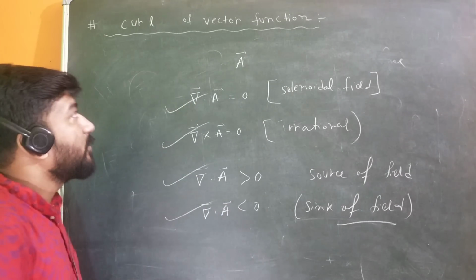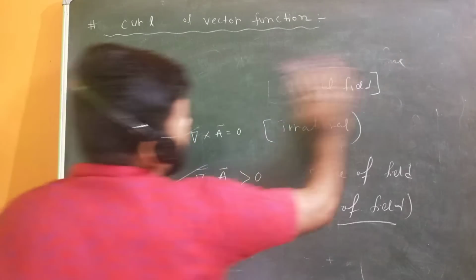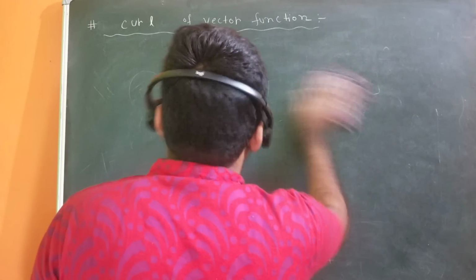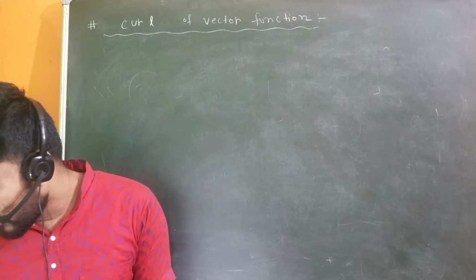Okay, so now let me again solve an example based on curl. It's just from an operational point of view. You have to practice more and more problems, but let me give you one problem to understand.